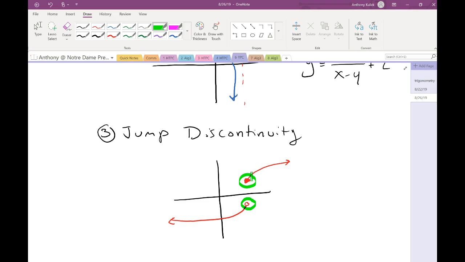No, not really. Does it matter if they're both closed? That does matter. Why would both of them being closed be a big deal? Would this graph still represent a function if both of those points were closed? Why not, Sophia?